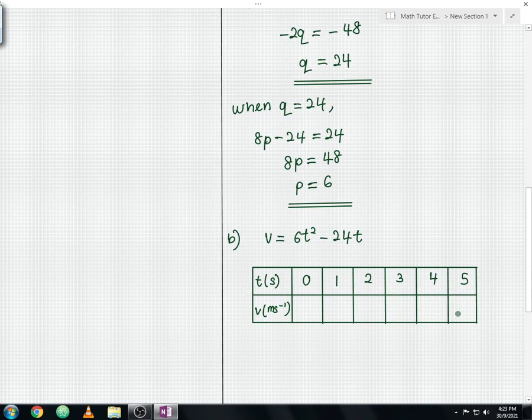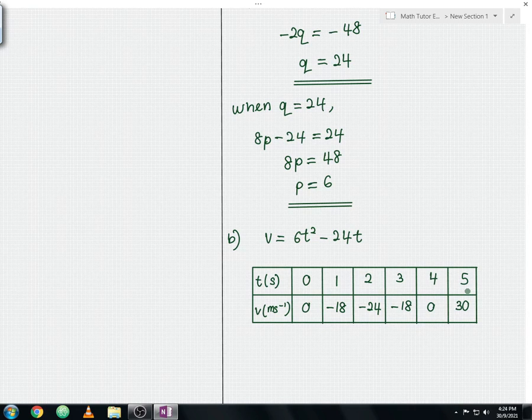Okay, so when you substitute these values, you should get your value of velocity is 0, negative 18, negative 24, negative 18, 0, and 30.